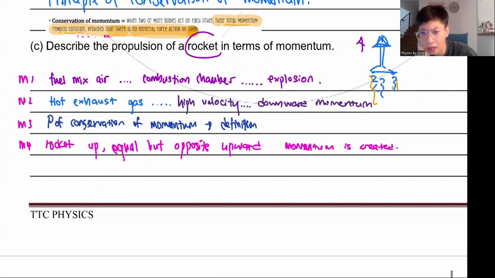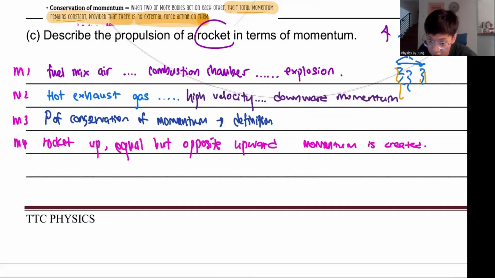If you just check this out, you will realize that this is actually quite interesting. On the next page, you will have the jet engine and all the other related questions.